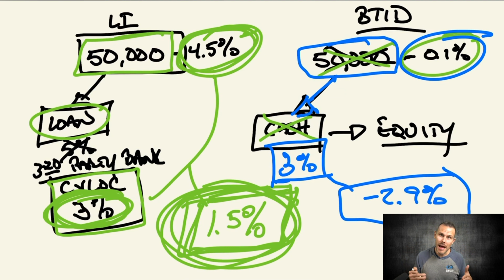So when you just look at the math, it is not that complicated. And the bottom line is the only way to guarantee that this can happen is through the proper design and use of a whole life insurance policy. Now, to Dave Ramsey, to Suze Orman, to all these people's credit, or I guess to their defense, very few people understand how to do this. Very few life insurance agents understand how to design these policies properly.